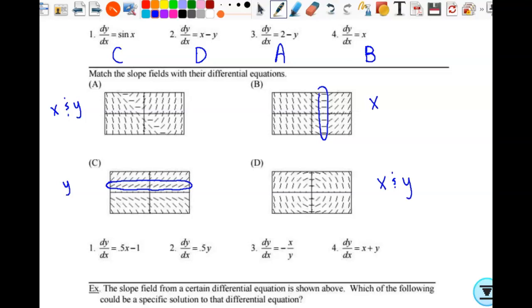Okay, so you picked a point, plugged it in. Very good. When they're both positive, the slope is negative. When they're both negative, the slope is negative. When they're opposite, the slope should be positive.